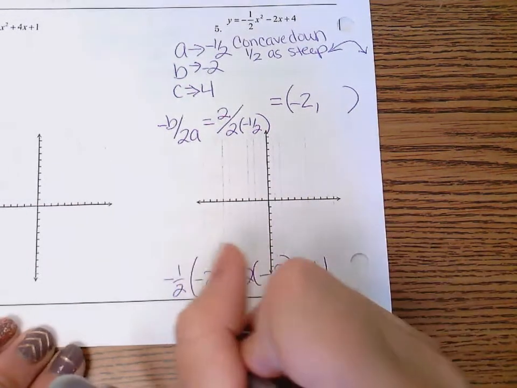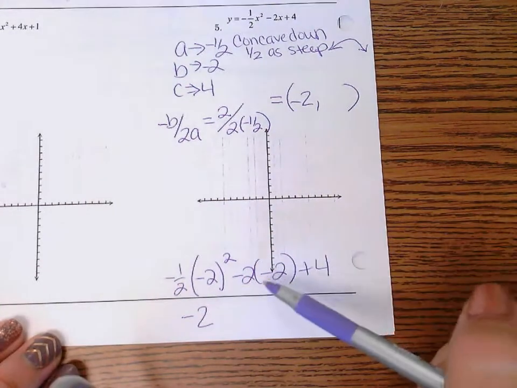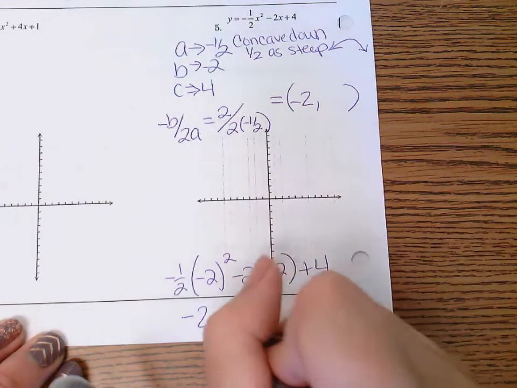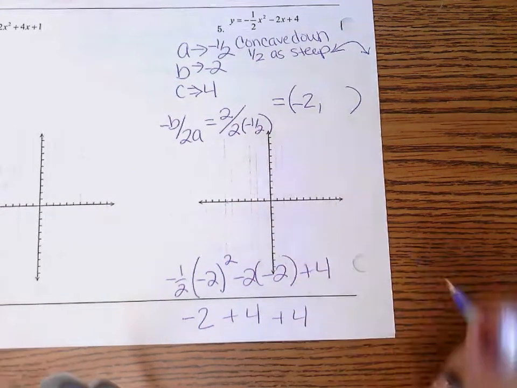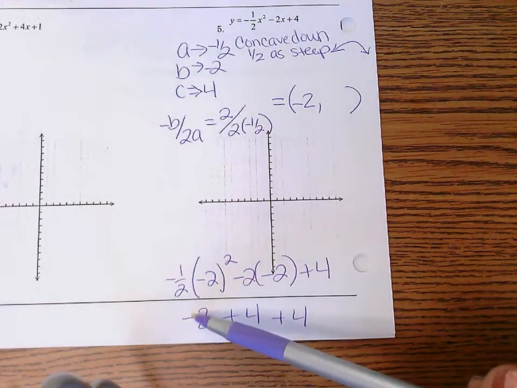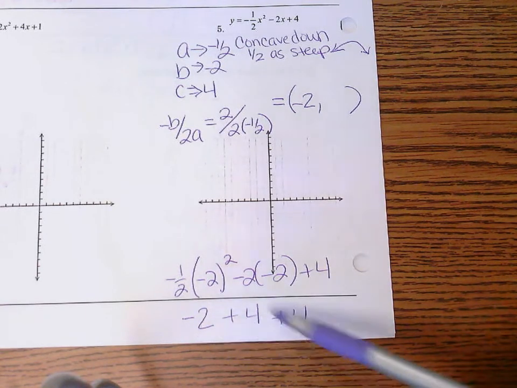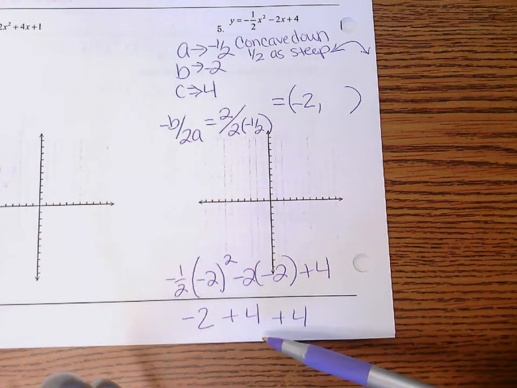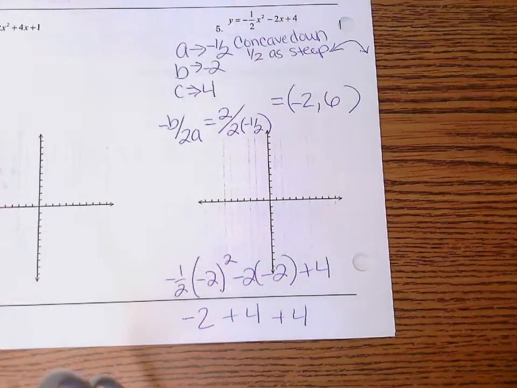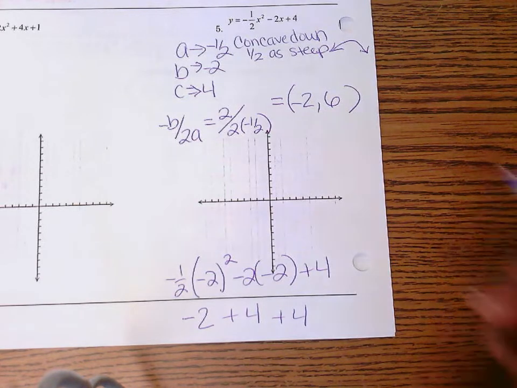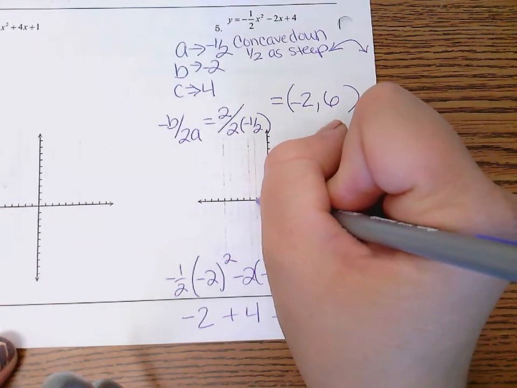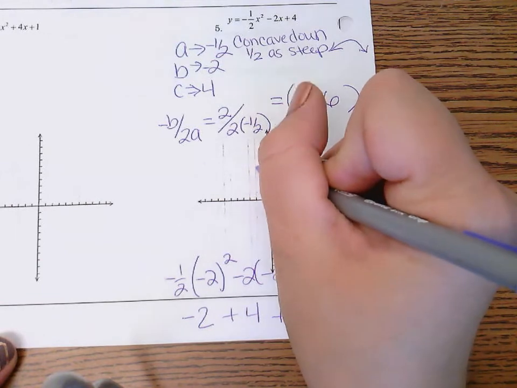So this is really -2. -2 times -2 is +4, and I'm adding another +4. So it looks like -2 plus 8 would be +6. Anyone try it on their own calculator, get +6? So -2, +6 is the point I'm going to plot. -2, 1, 2, 3, 4, 5, 6.